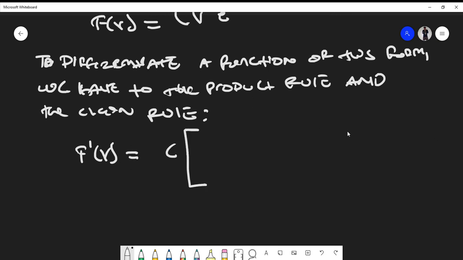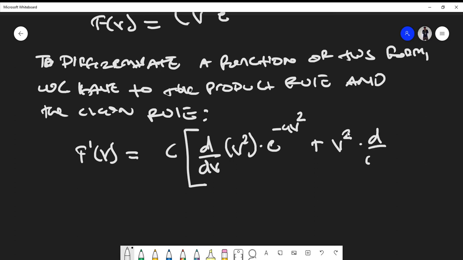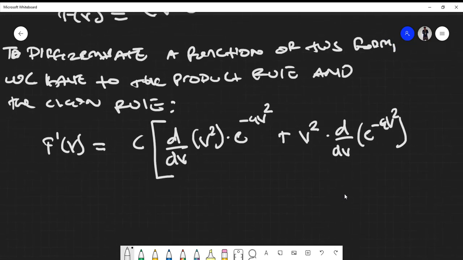c times d dv of v squared times e negative av squared, and then I add v squared times d dv of e negative av squared. This is your product rule from Calculus 1.